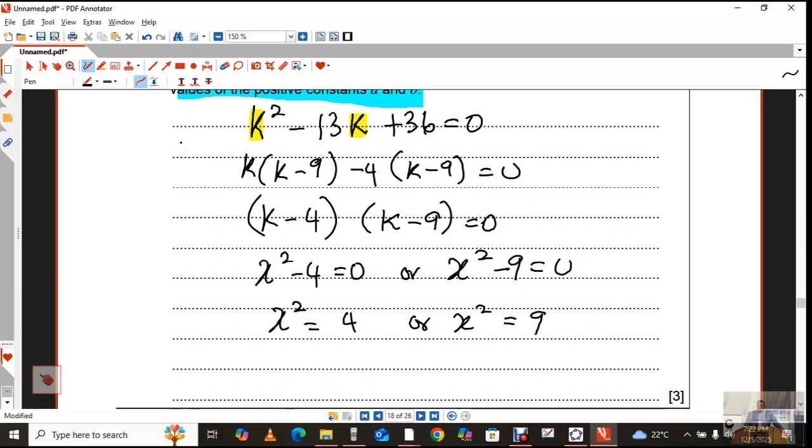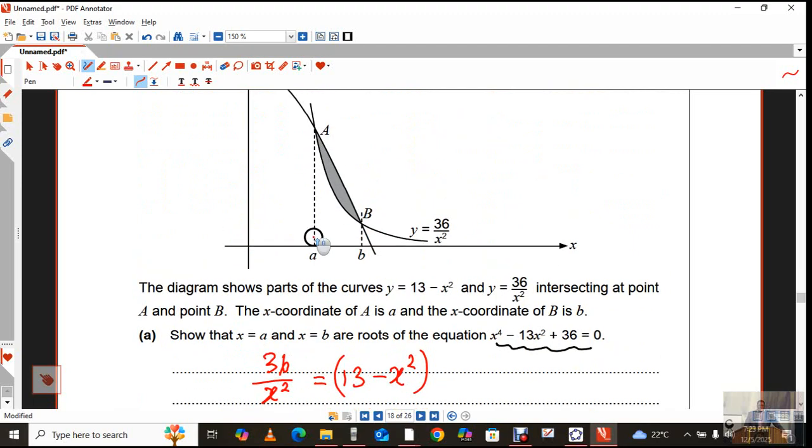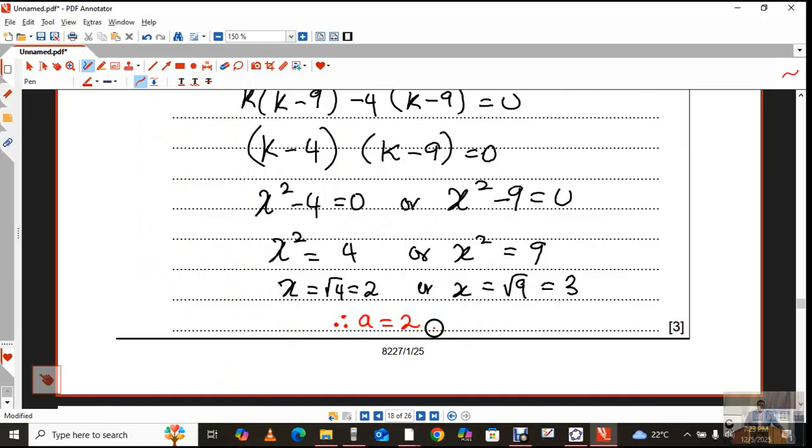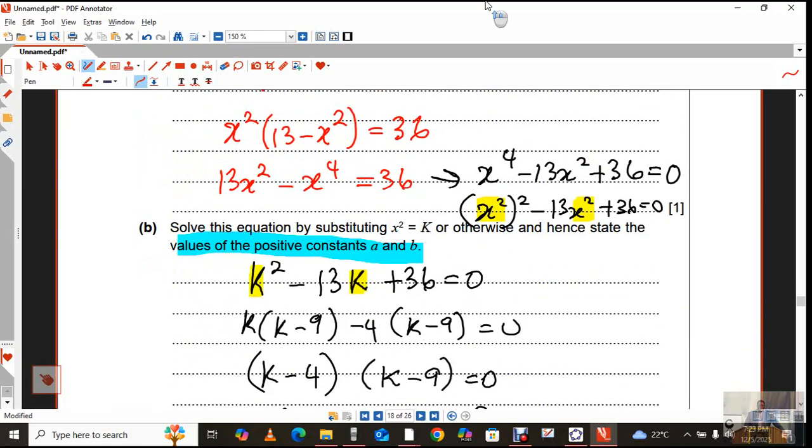So x equals the square root of 4, which is 2, or x equals the square root of 9, which is 3. Therefore, if you look at the diagram, our a will be 2, and our b will be 3. That's it. Okay.